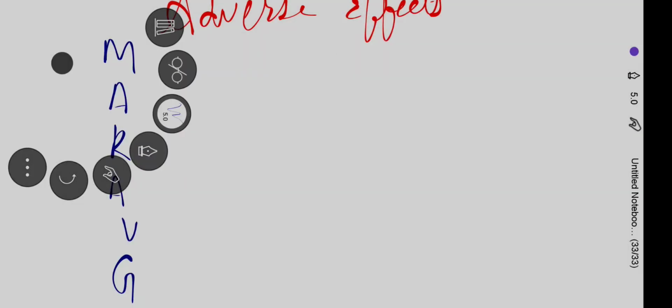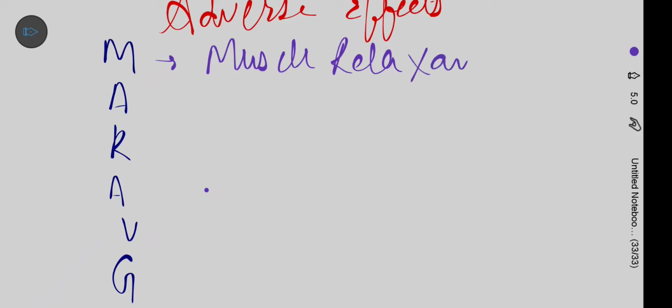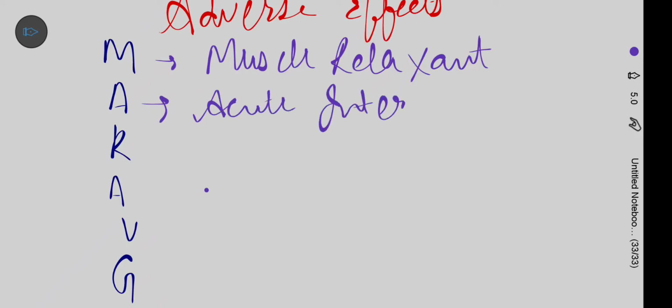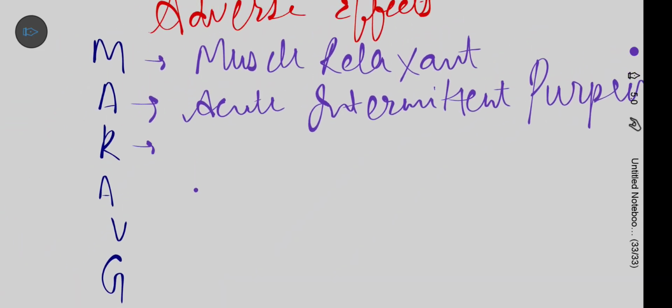M stands for muscle relaxation, or muscle relaxant. A stands for acute intermittent purpura. First I'm just writing down the mnemonic and its meaning, and afterwards I'll explain it too.